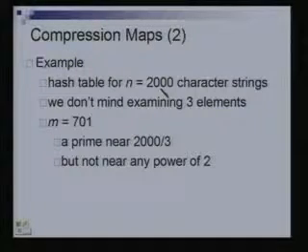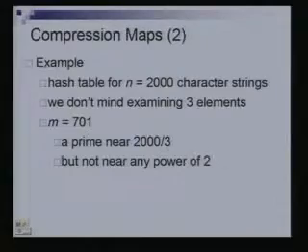In my chaining, the linked list would be of length roughly 3. And one important thing also is that it's observed that one should not pick the size of the hash table close to a power of 2, because the same kind of effects start happening as when the size is exactly a power of 2.